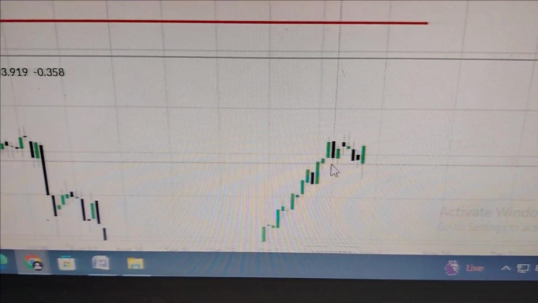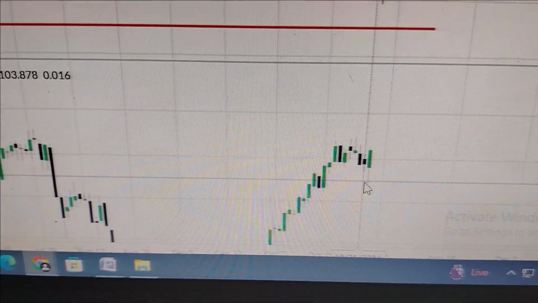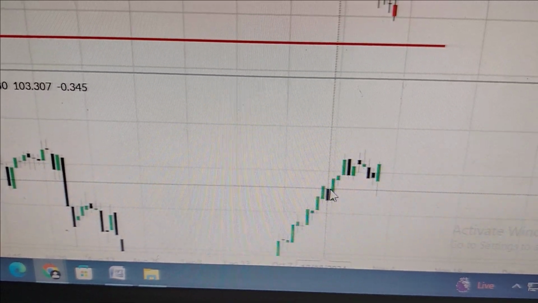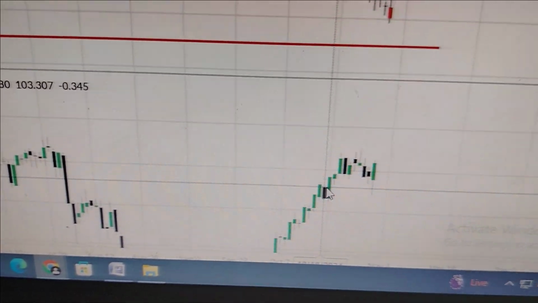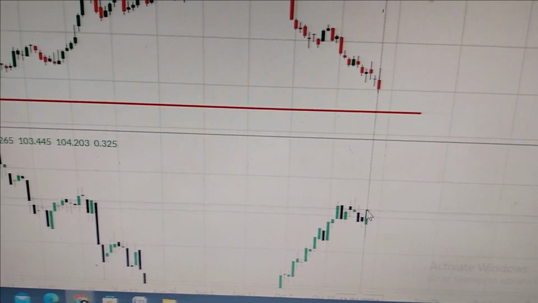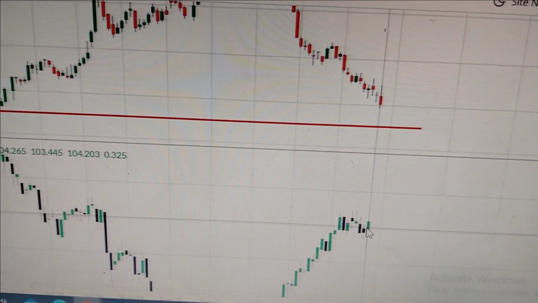here we created a low in the dollar index, where market came and tapped into this order block around this region, as you can see, and it is gravitating upwards at the current moment.